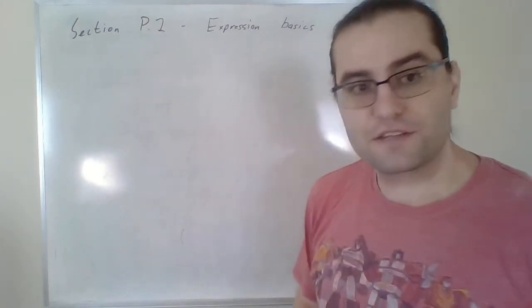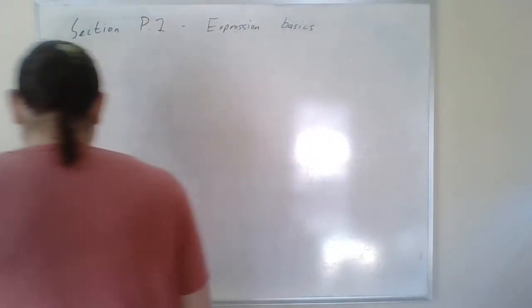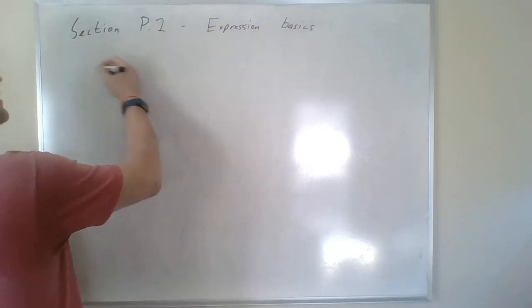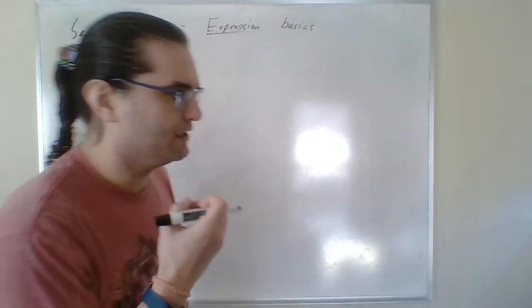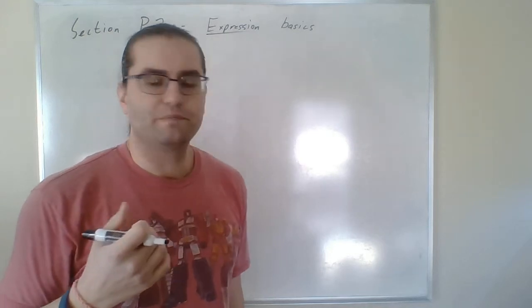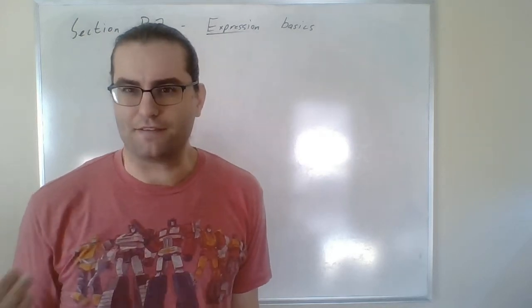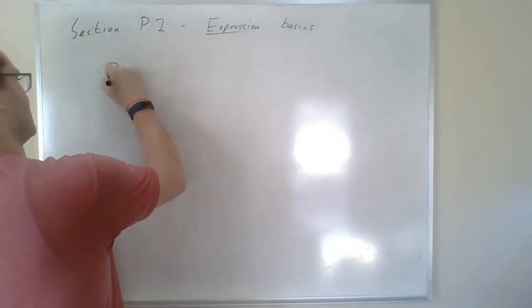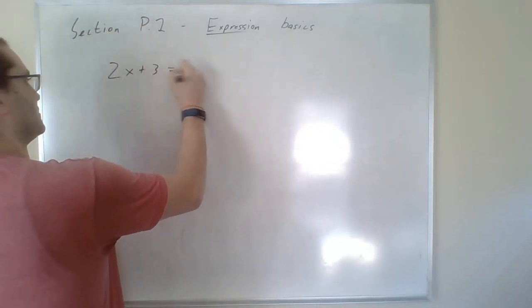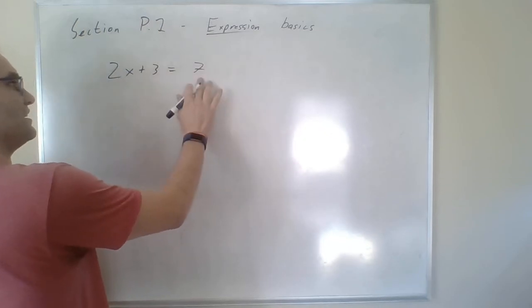So we're going to start with substituting things. Actually, let's start with what an expression means. An expression is anything that doesn't have an equal sign. If you're dealing with something like 2x plus 3 equals 7, this is not an expression.